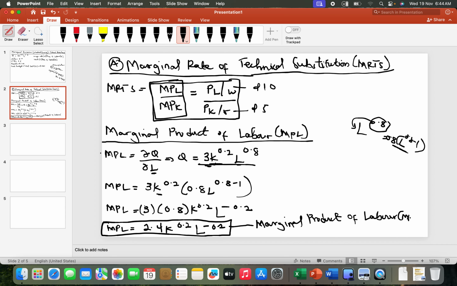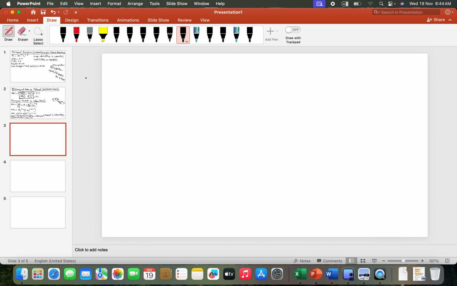Which is our MPL. So I'll do the same thing for marginal product of capital, which is MPK.